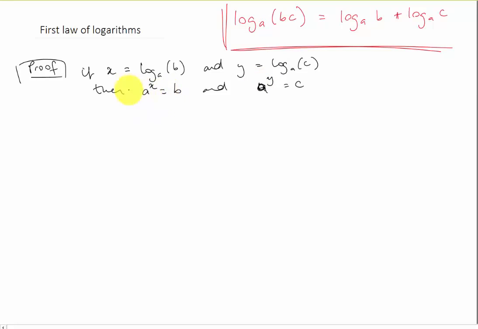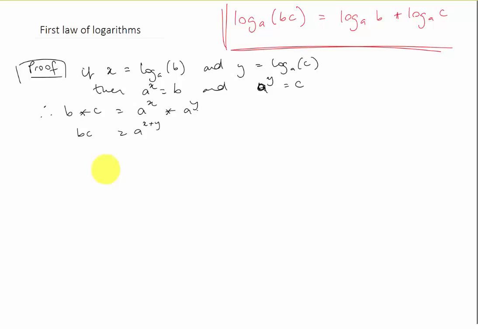And therefore b times c is equal to a to the power x times a to the power y, because I've just substituted those two. And we know that if we multiply two things with the same base and they've got exponents, then we just need to add the exponents together. So that's a to the power x plus y. So that's the same as what we've covered before with our powers.